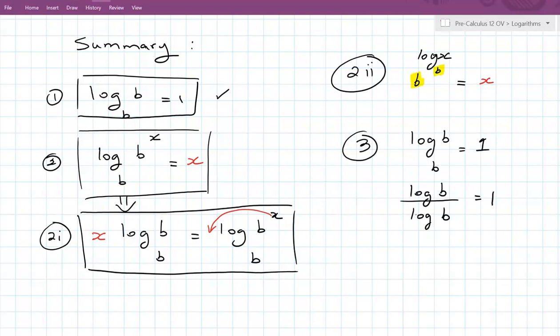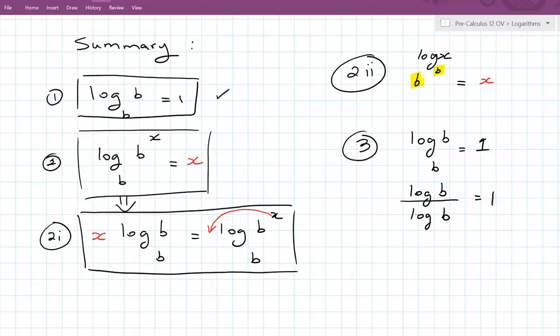The last one for this series is an extension of rule number 1, log of b base b equals 1. And another way of writing that is if I write it as a ratio, log of b divided by log of b. These two b's, one was the base, the other one was the argument, I can write it as a fraction. That is equal to 1 because log of b divided by log of b is 1.